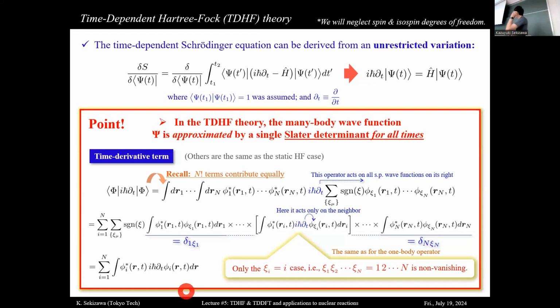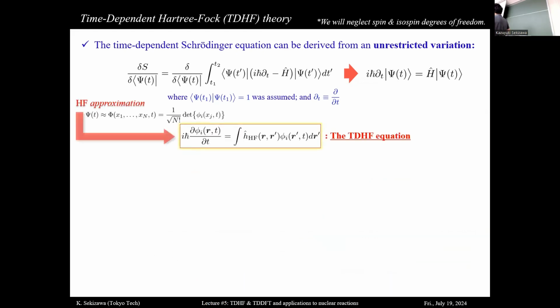As you can see, if we take the variation with respect to phi star, it will generate iħ ∂/∂t phi. Indeed, with this approximation, we can get the time-dependent Hartree-Fock equation.